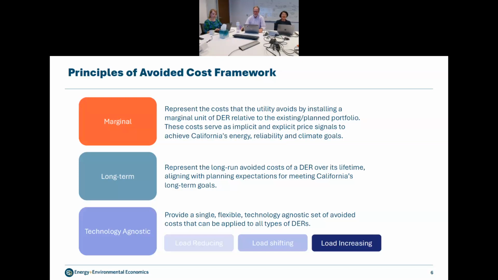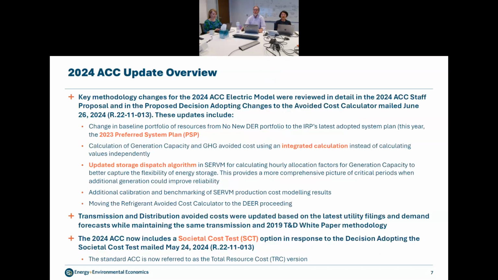And finally, hopefully we all know that avoided cost is a technology agnostic tool. It is a single flexible hourly stream that is used to evaluate a variety of DERs, including load reducing, load shifting, and load increasing. All right, so with that, we'll dive into the 2024 ACC.